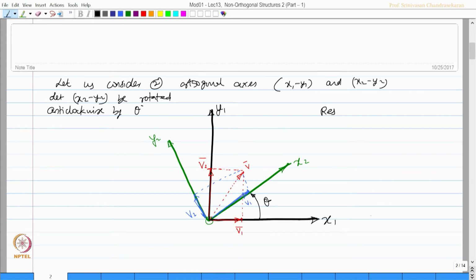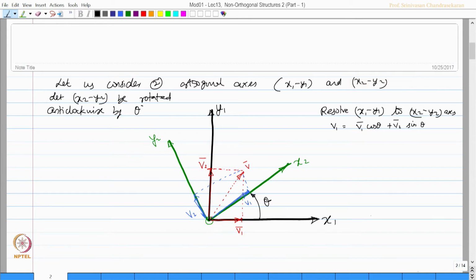One can resolve x 1 y 1 to x 2 y 2 axis. So, one can say that V 1 is going to be V 1 bar cos theta plus V 2 bar sin theta.